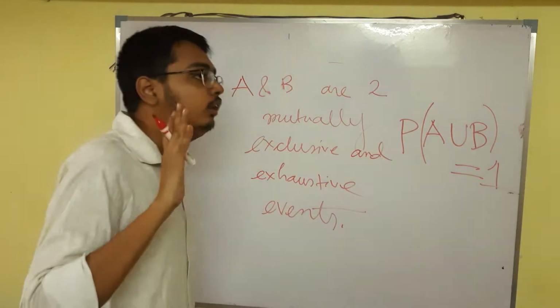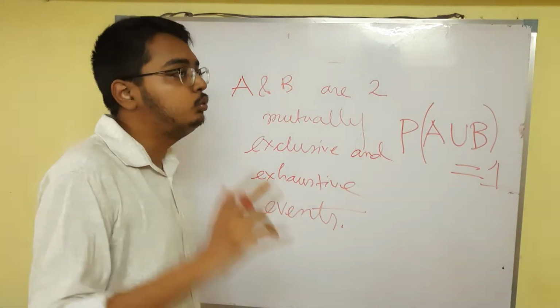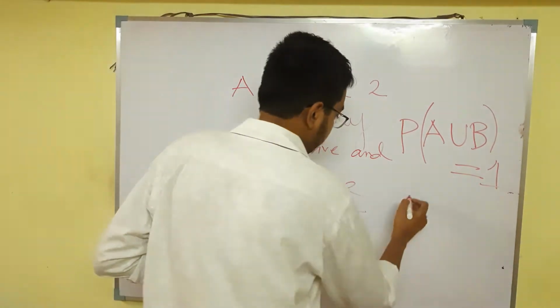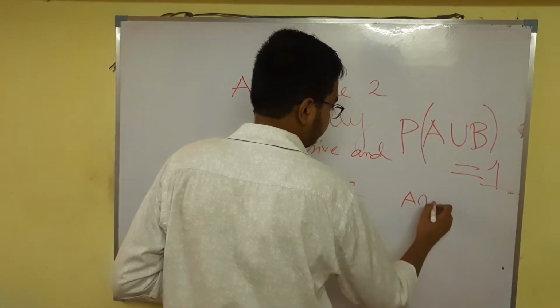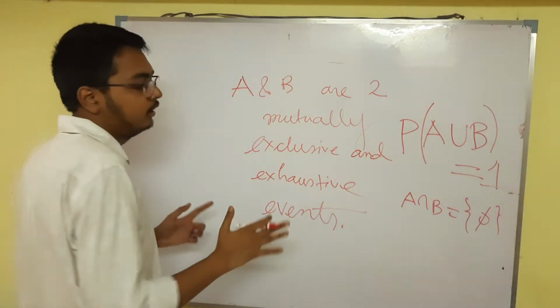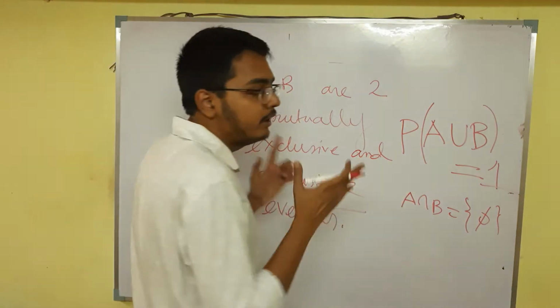That means there are only two events, only two partitions of the sample space. They are mutually exclusive because A intersection B is null, and what remains is the two partitions only.